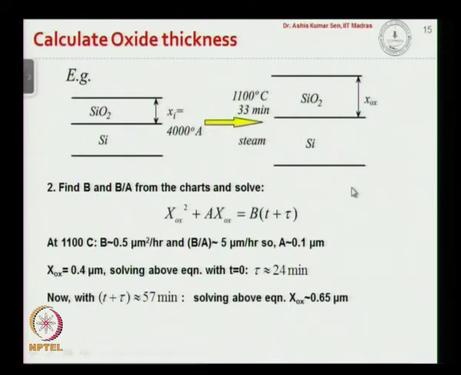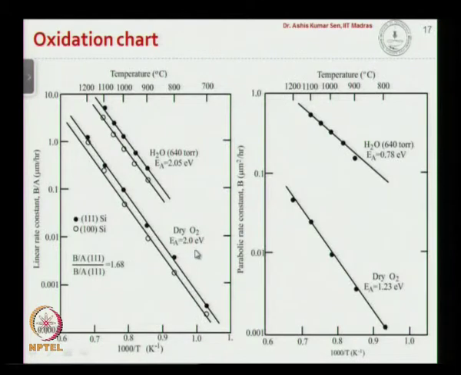The second approach would be to predict the thickness from the Deal-Grove model. So you have this equation. Now at 1100 degree centigrade, there are tables available to give you the values of B and the ratio of B over A. Two such tables I will show you here.